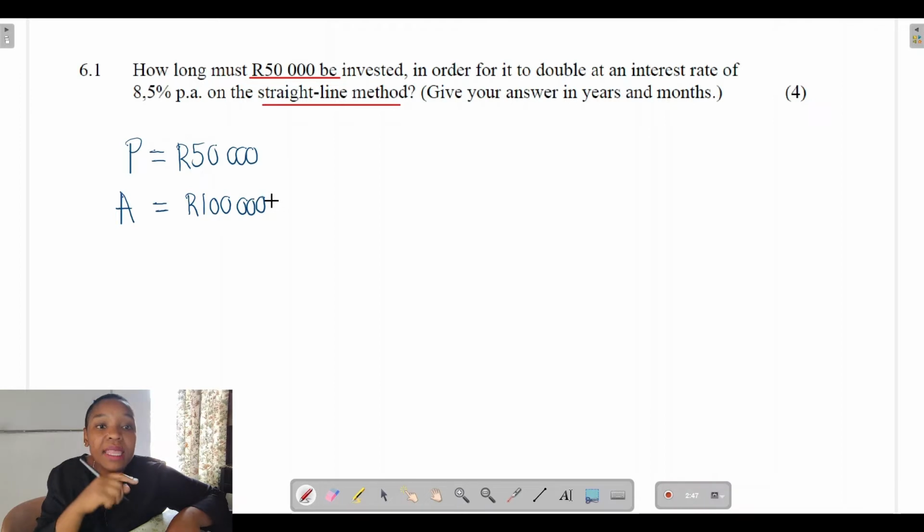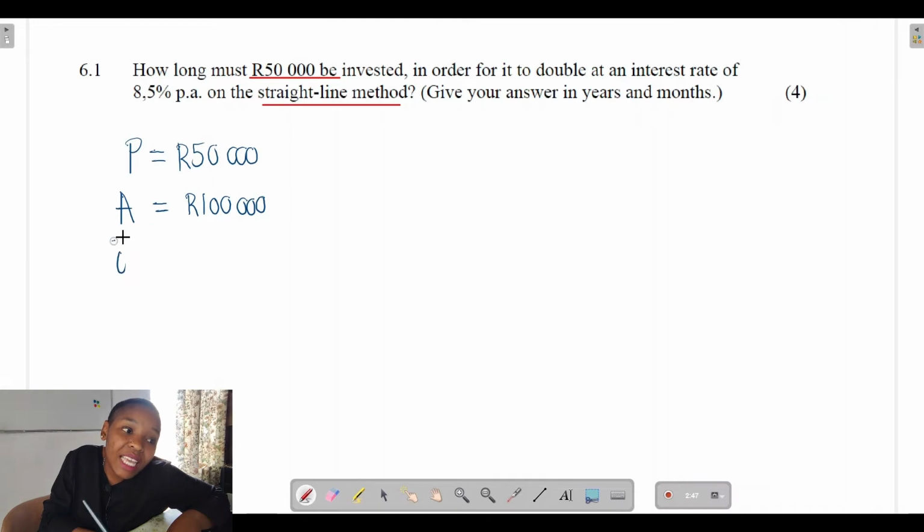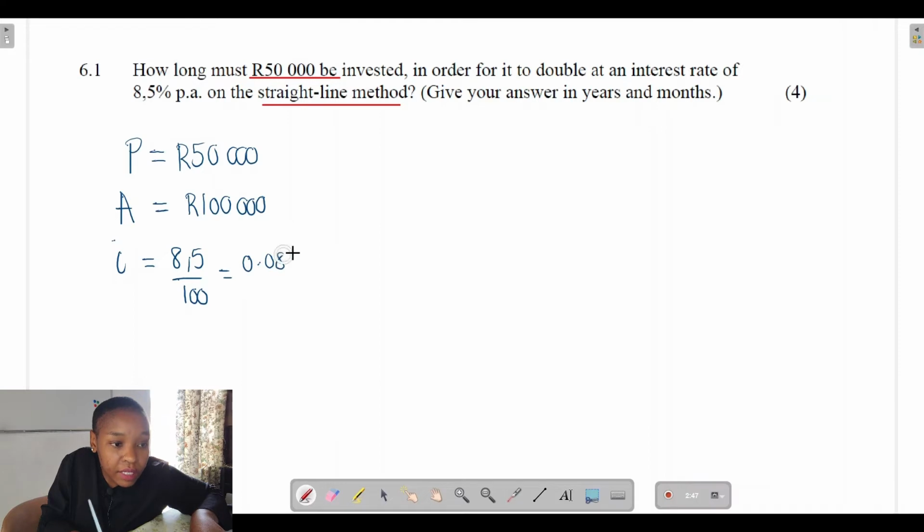Then we're told that the interest rate is 8.5% per annum. In other words, if you take 8.5 and divide it by 100, you get 0.085.